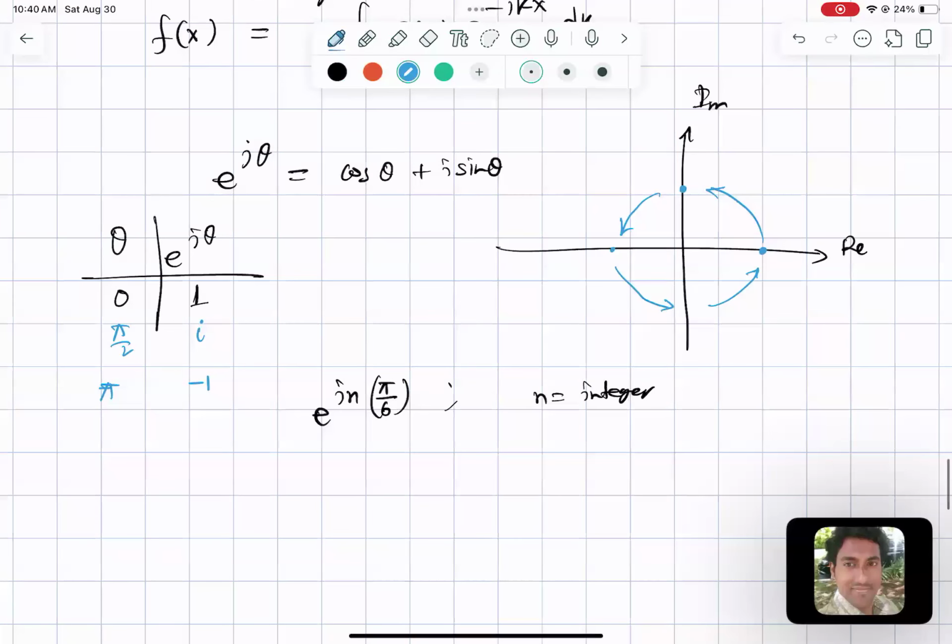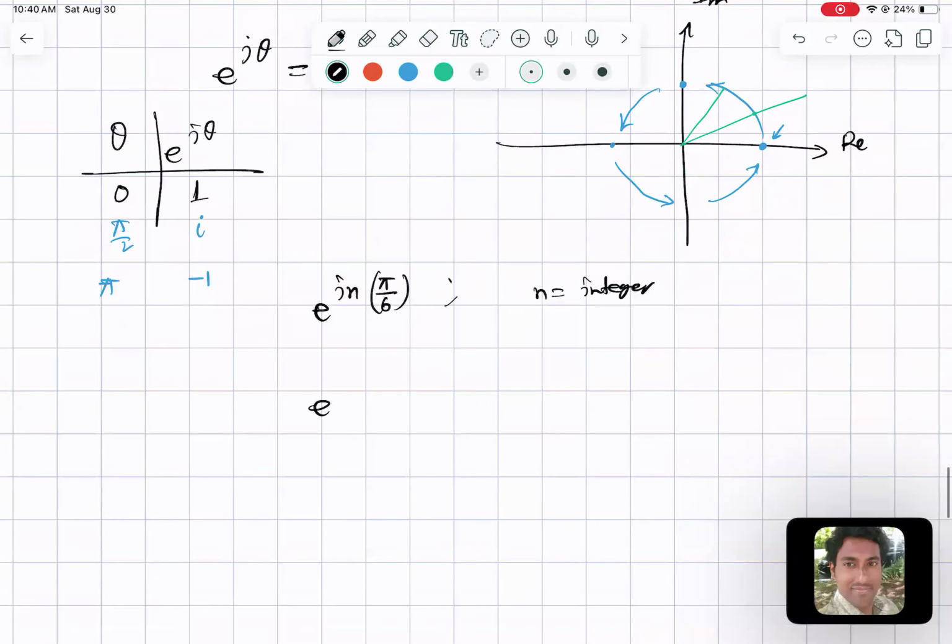If n is 0, we are here. If n is 1, we are at pi over 6 radians. What is pi over 6? 180 over 6 is 30 degrees, right? So if n equals 1, we are at 30 degrees here. n equals 2, we are at 60 degrees. So we just rotate that way, counterclockwise.